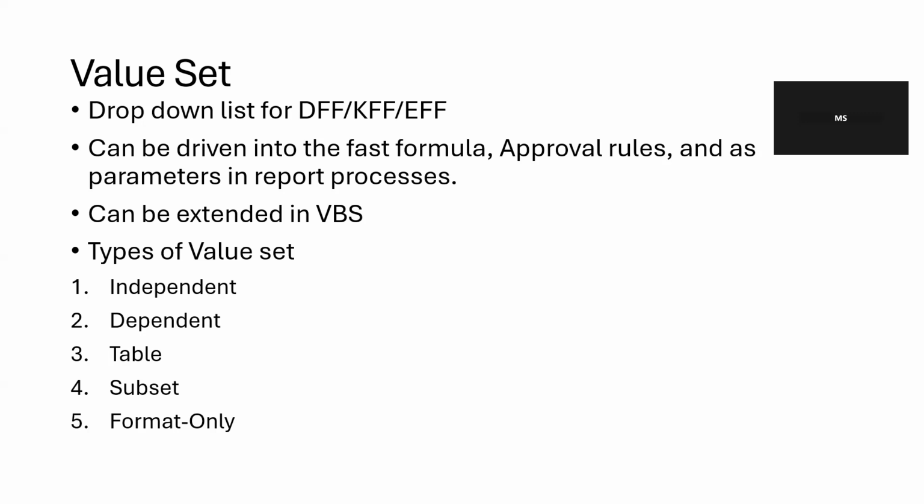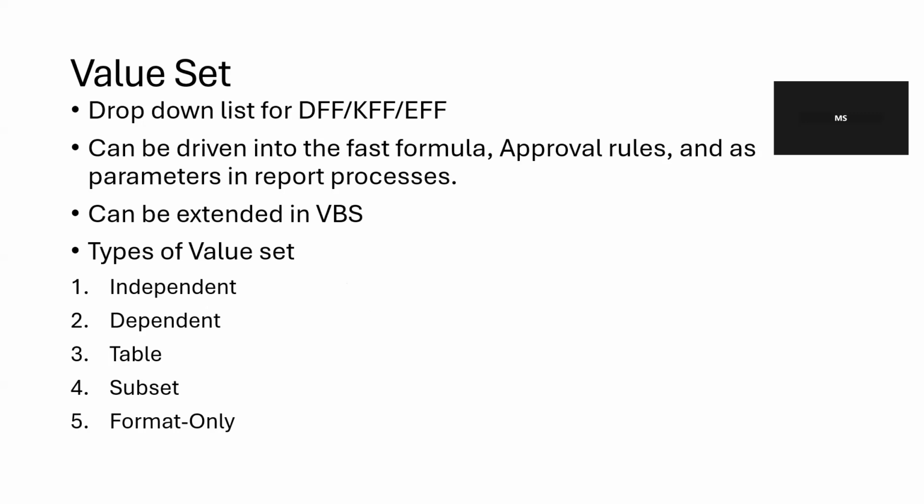Here it uses a different metadata layer, which uses JavaScript and REST API. So if you want to call this value set, there is some extra effort that you have to do on the VBS pages, but it still can be called on Redwood. So now with that, let's get started with the value set.